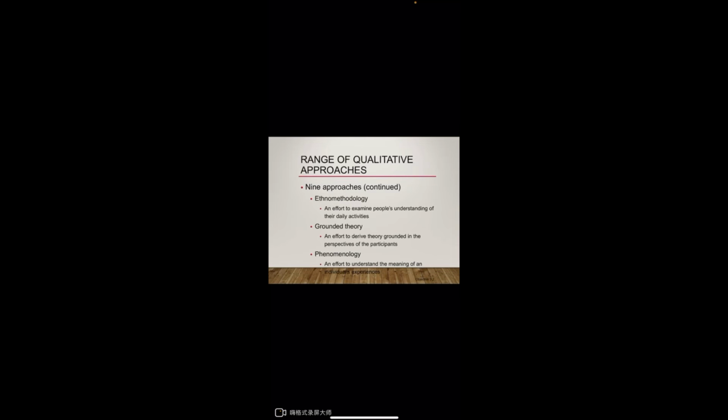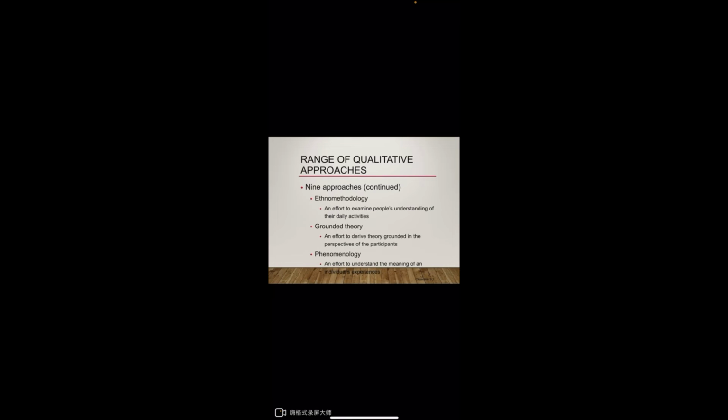It said that an effort to describe and analyze all or part of the culture of a community by identifying and describing participants' practices and beliefs. And third one is ethnology. It said that an effort to compare several cultures with one another. Ethnomethodology.